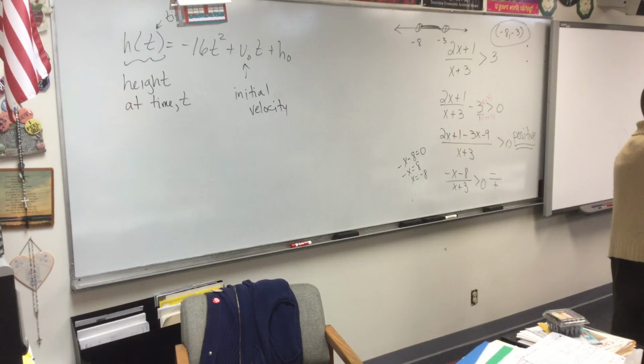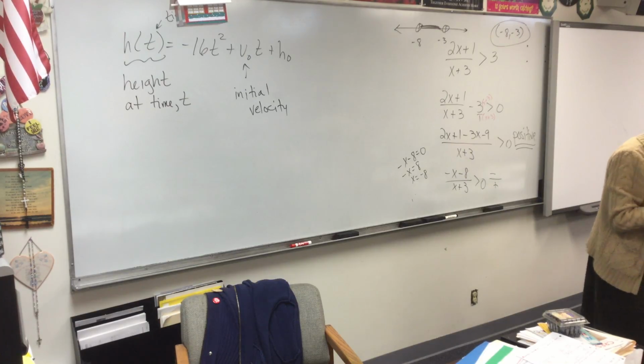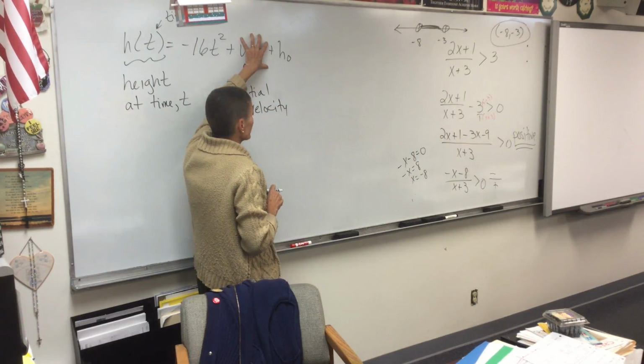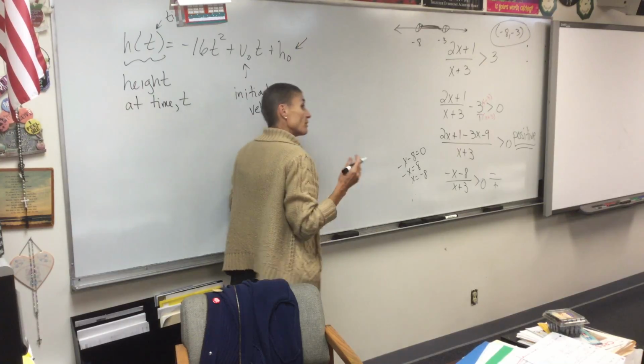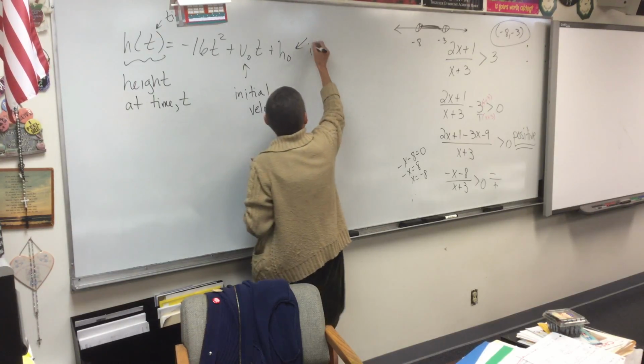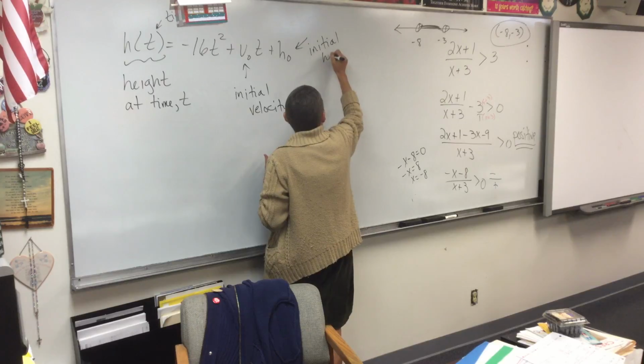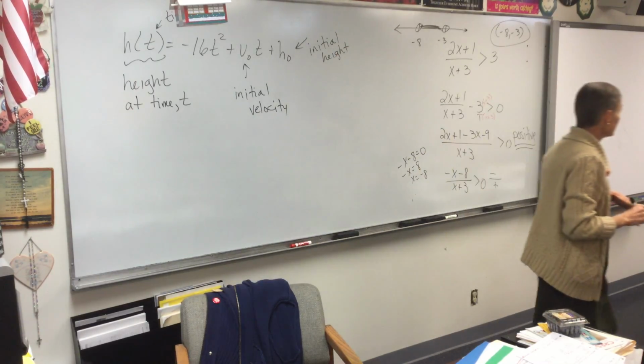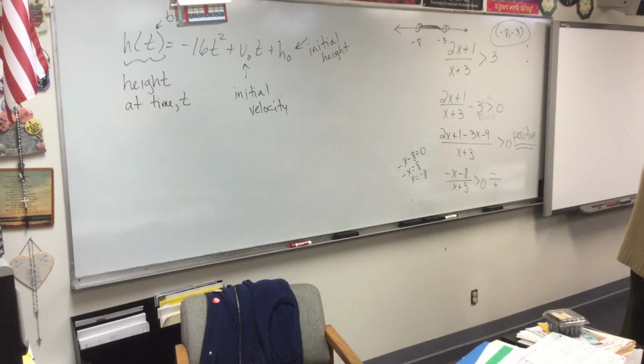Because when I release it, I'm not giving it any force at all, I'm just dropping it. So sometimes the initial velocity is 0. And you would just put a 0 in there, which would wipe out that term. H sub naught, you want to guess what that is? The initial height. If you are throwing an object from ground level, the initial height is 0. If I'm dropping it from the balcony, then my initial height is however high the balcony is, right?